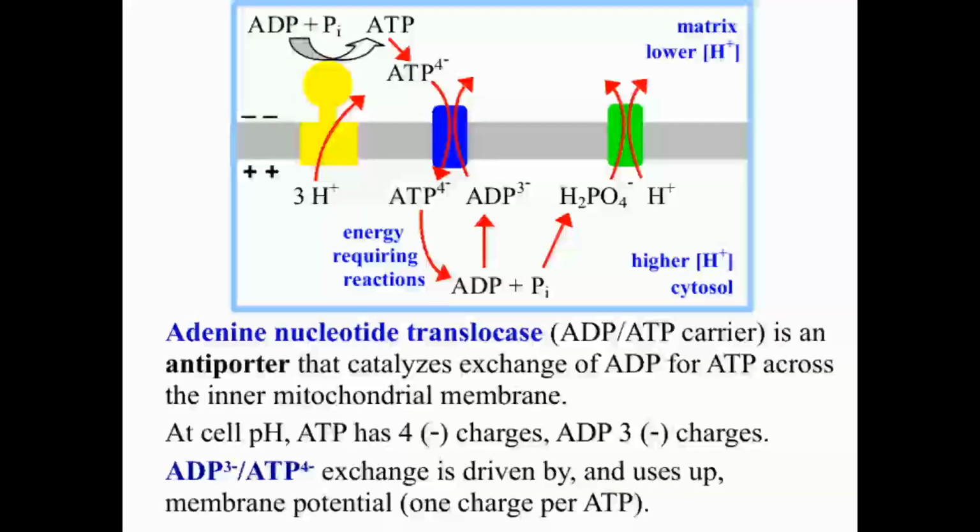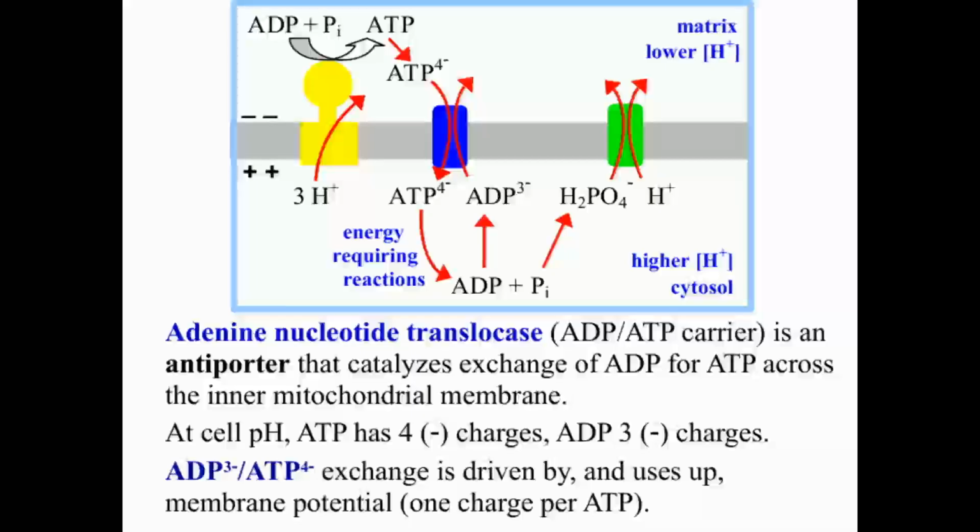This difference in charge is crucial because the exchange of ADP3- for ATP4- is driven by the membrane potential. In fact, this process uses up 1 charge per ATP molecule transported. So, the membrane potential not only facilitates this exchange, but also provides the energy needed for it to occur efficiently.